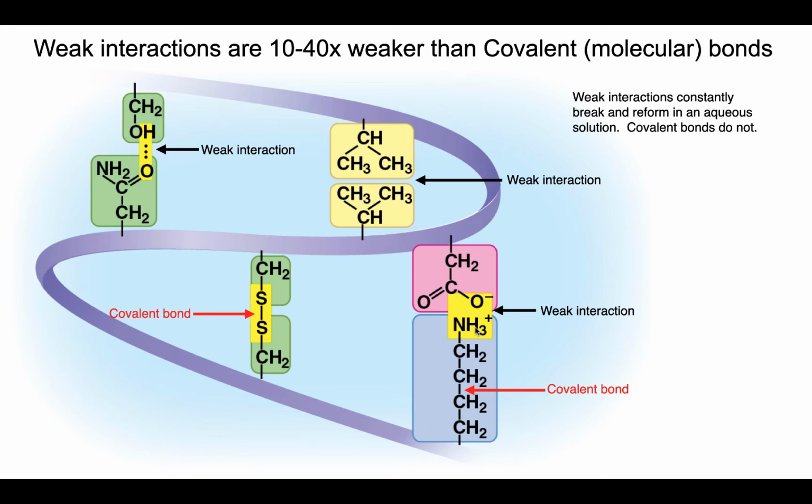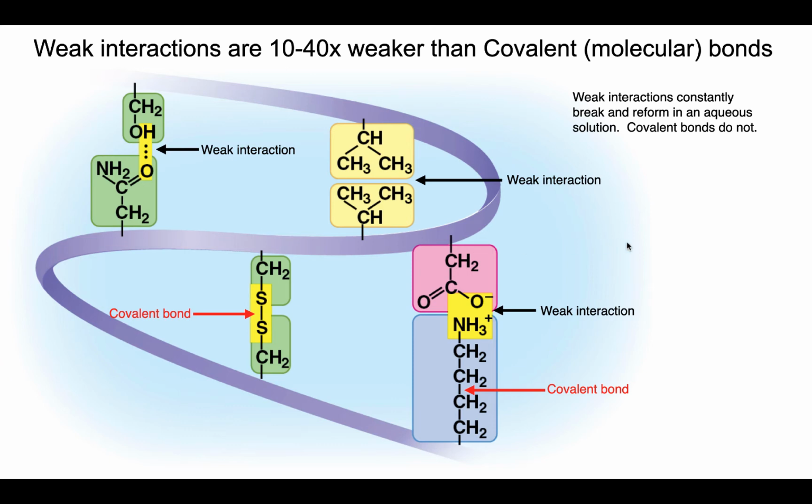Now, weak interactions are definitively different than covalent bonds or molecular bonds. For example, here, this bond between this carbon and this carbon is a covalent bond. The bond between this sulfur and this sulfur, that's a covalent bond, okay?